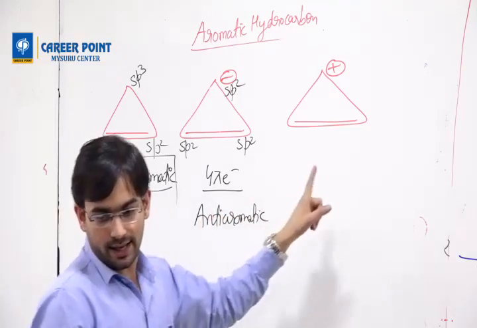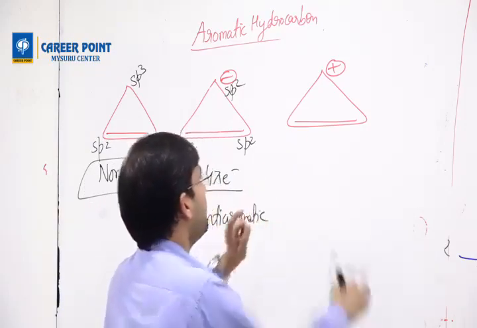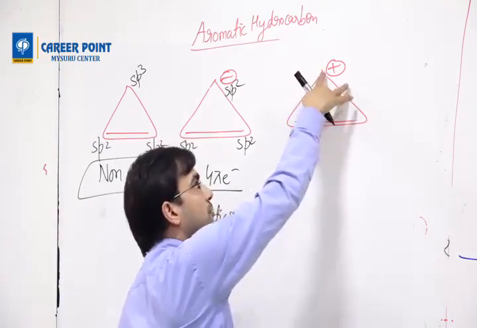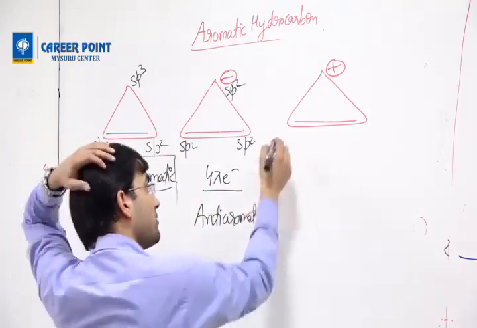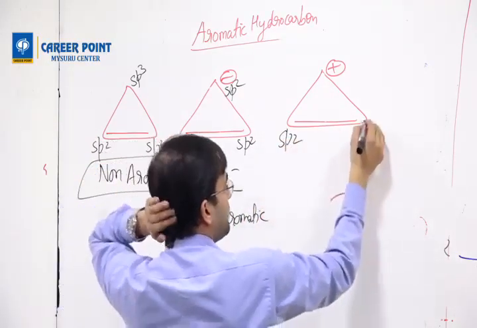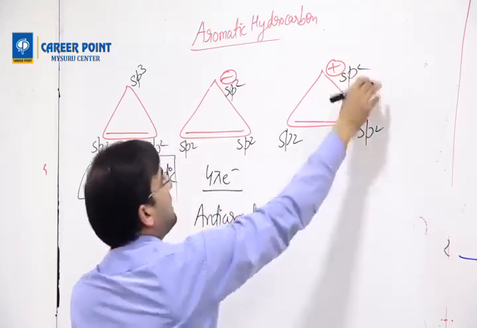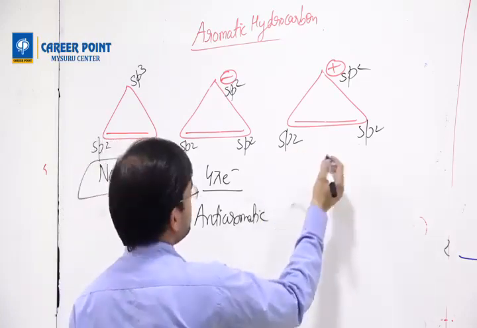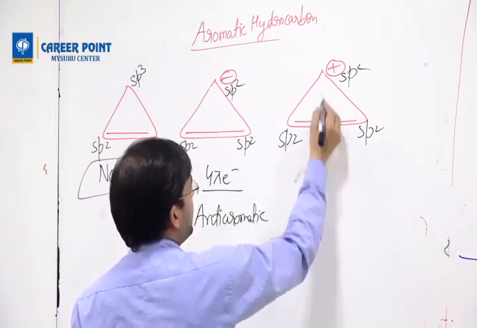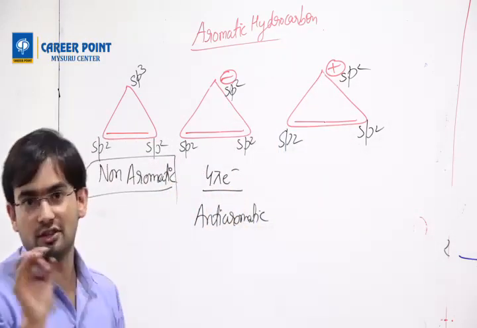Right? Then in the third one, double bond, single bond, positive charge, single bond, double bond, and I come back to my original place. All are cyclic because sp2, sp2 and sp2. So total, 2 here, and a positive charge means no electrons.